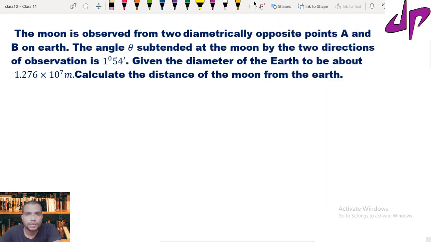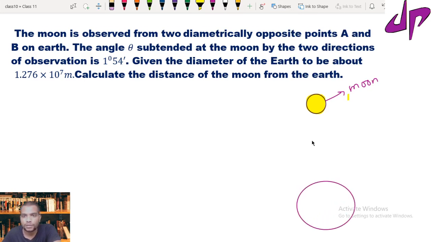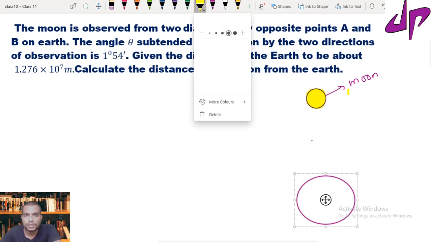So let me draw a diagram first to make better understanding. Suppose this is the moon, let me highlight that. So this is the moon, and if I draw the Earth, so this is the Earth.